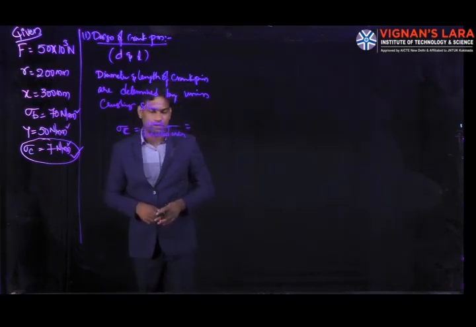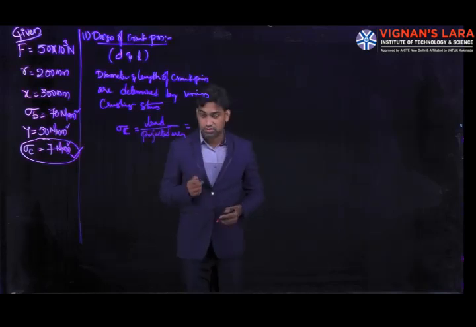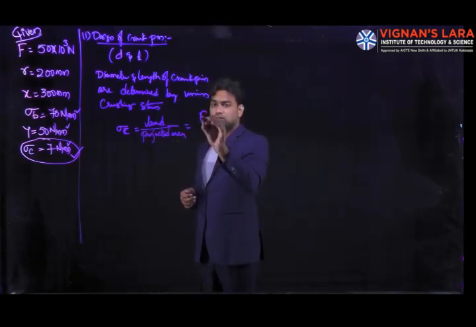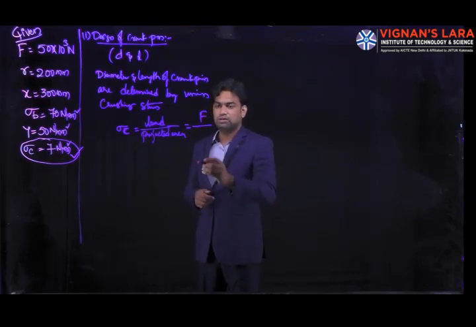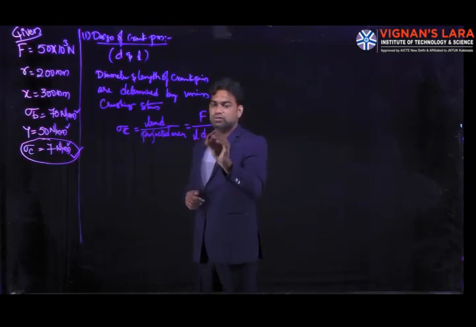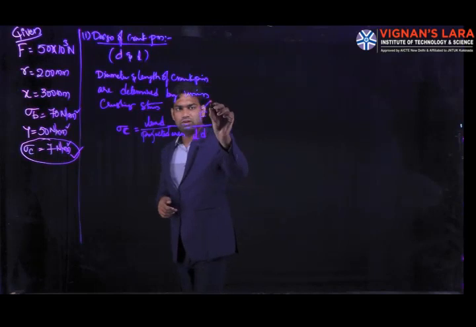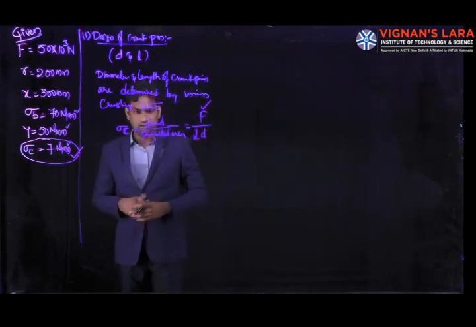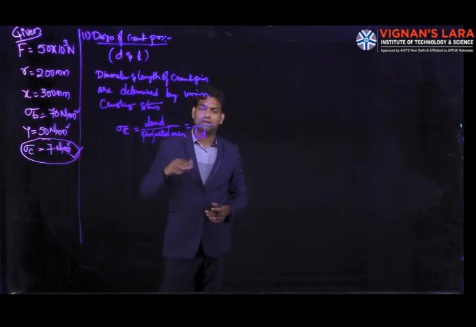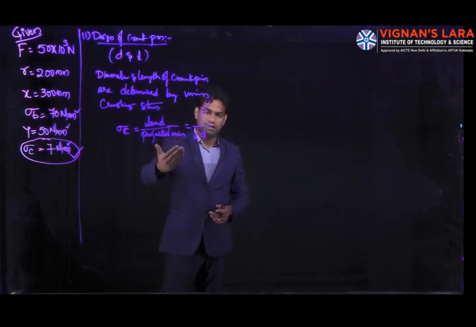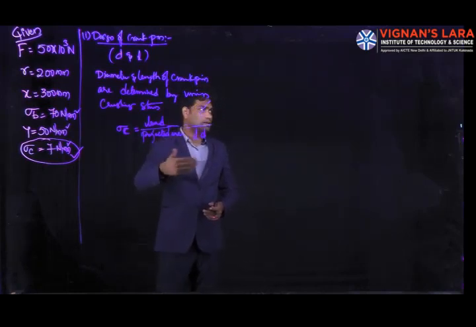Here the total load is the maximum load F, 50 into 10 cube newtons, which is given, and the projected area is taken as L into D. F is known, but L is not given, so the length of the crank pin again needs to be taken in terms of diameter, as a proportionate value.